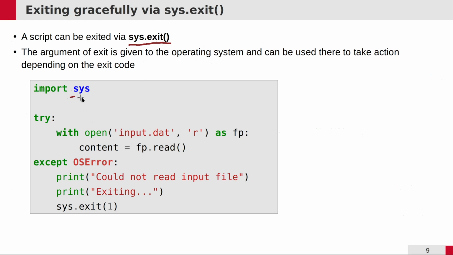I'm importing here the sys module, and I have a try clause again for just opening the file input.dat, and I try to read it. And if I didn't manage because there was some OSError, so the details of which specific error are not important, any kind of file-related operating system error, then I'm just printing some message for the user, and then I am just exiting the code, because if the input file could not be found, then probably I cannot do anything further in this program.